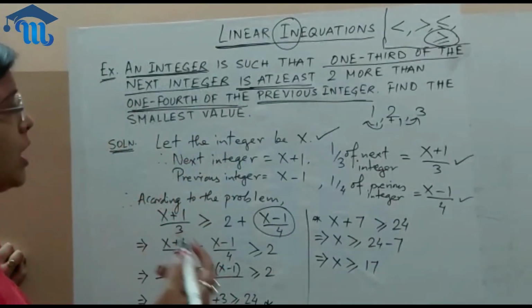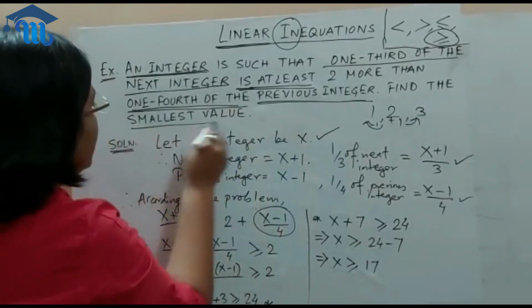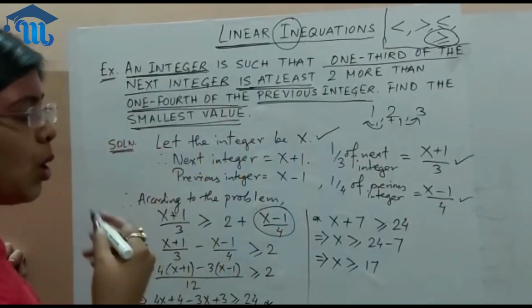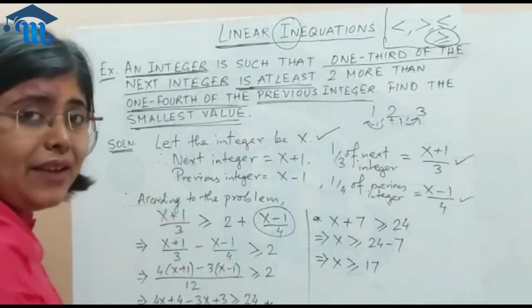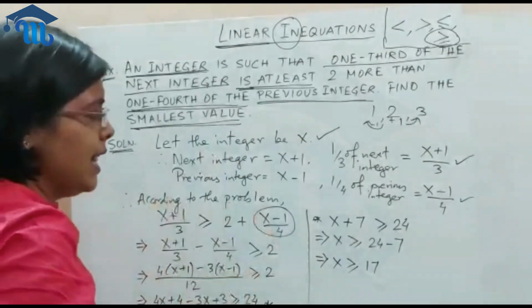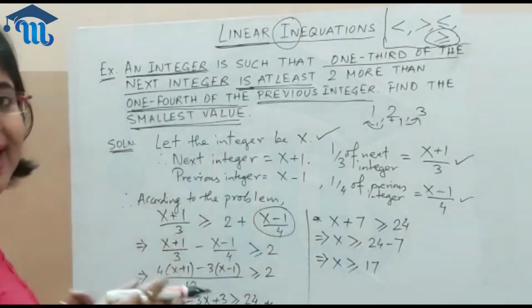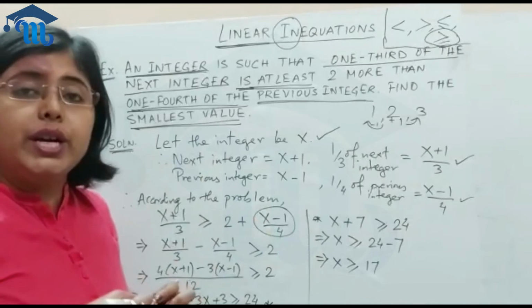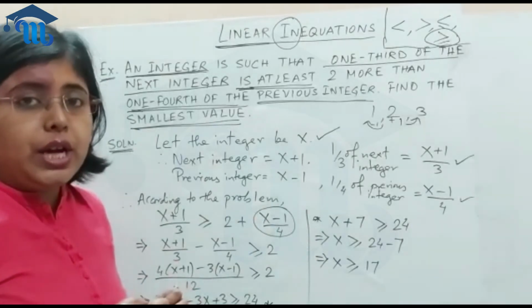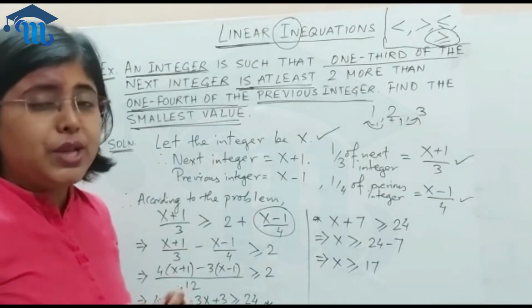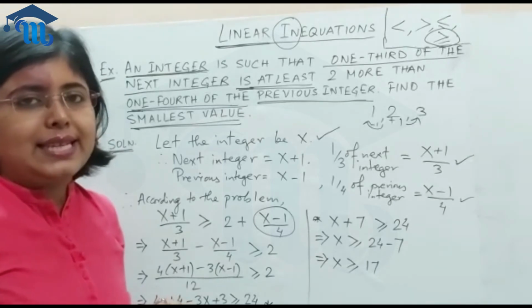So the smallest value, they said the smallest value, should at least be 17 or more than that. So that is exactly what we mean by linear inequation. I hope you have enjoyed today's session. We'll meet next time. Thank you.